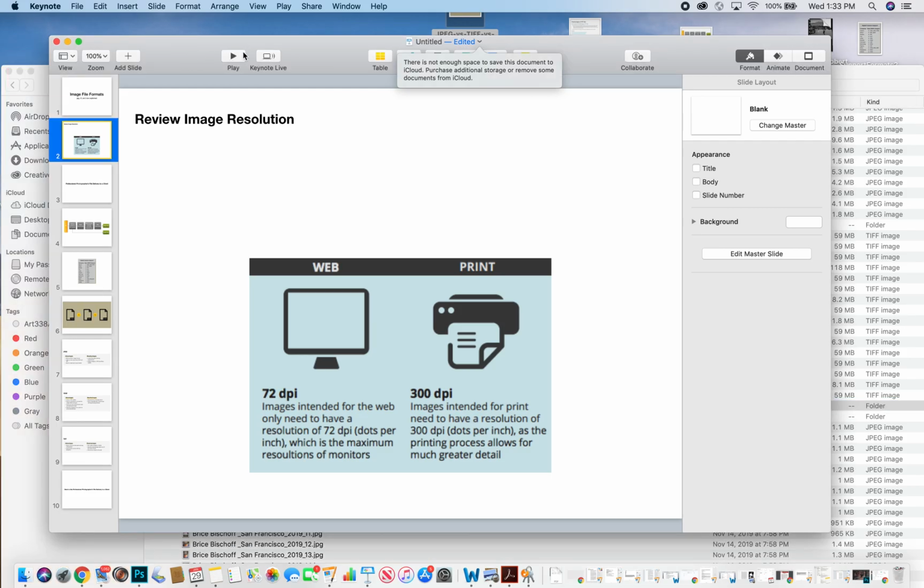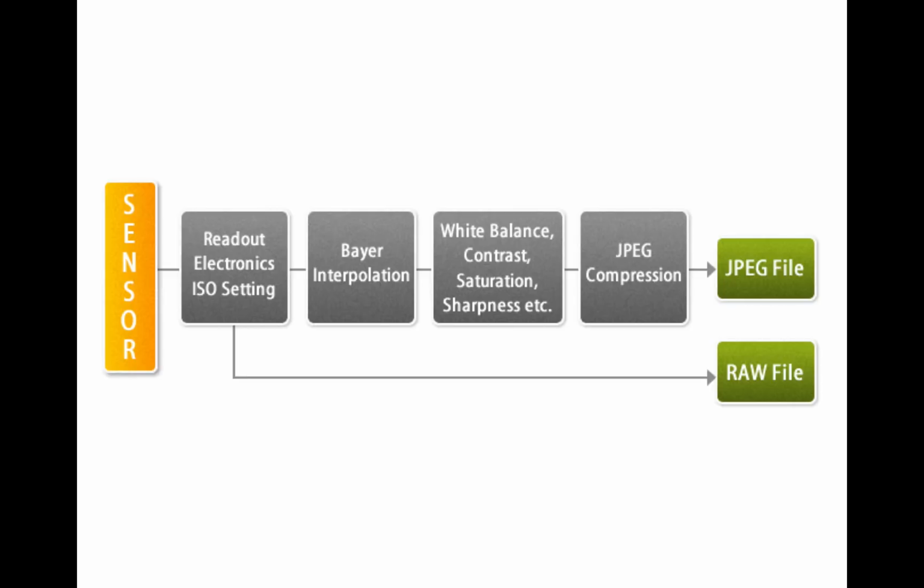So let's go back to our actual lecture slides. And a lot of people are wondering, especially if you have the ability to shoot in JPEG on a digital camera, why would you even select RAW as an option on your digital camera system?